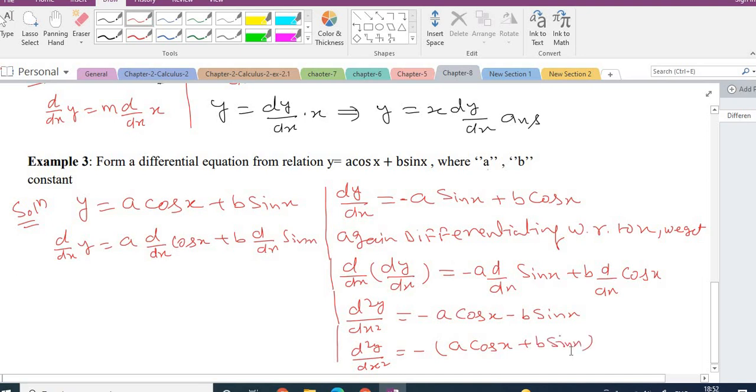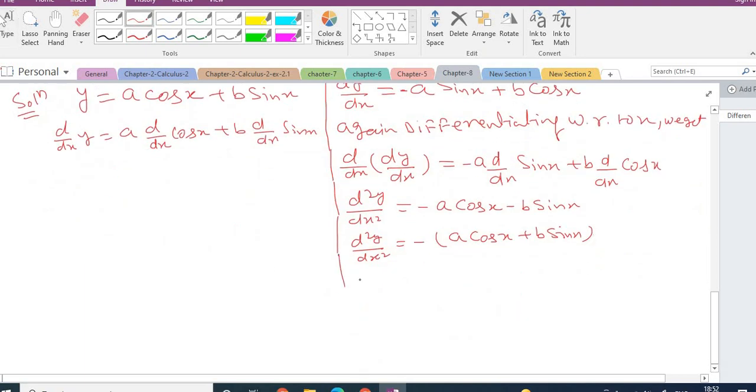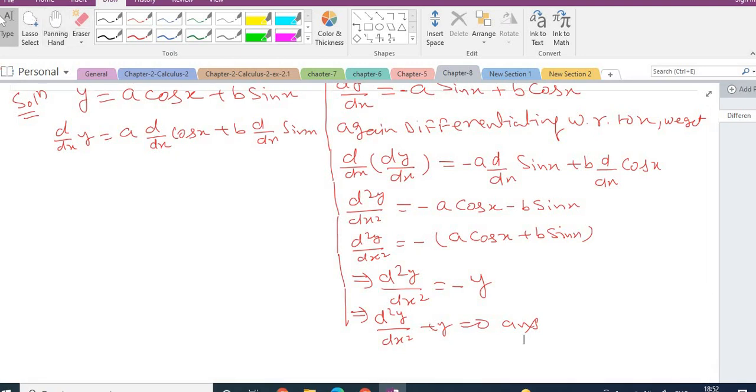This means d2y/dx2 is equal to minus (a cosine x plus b sine x), which is given as the function y. So in place of it, we can write y, or we can write d2y/dx2 plus y is equal to 0. This is the answer, which means formation of differential equation. There is no parameter, so it is called formation of differential equation.